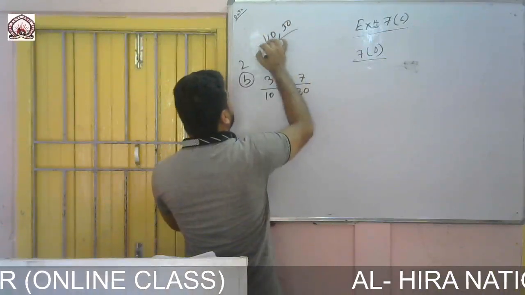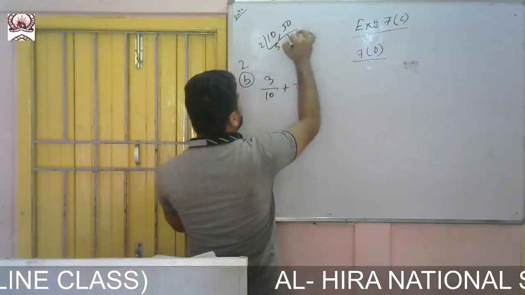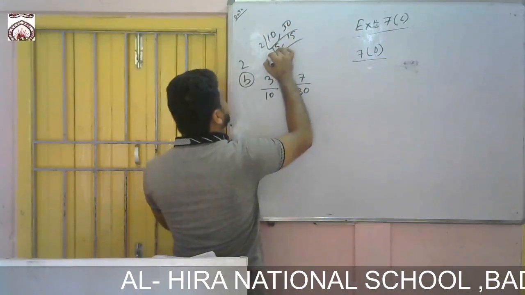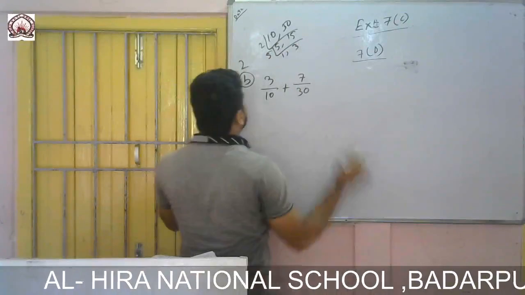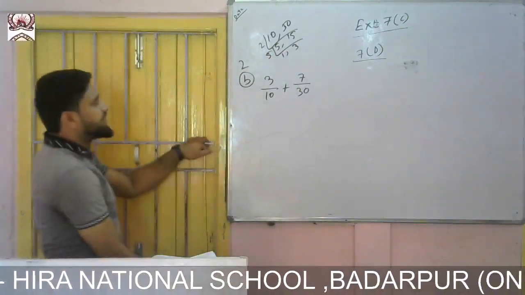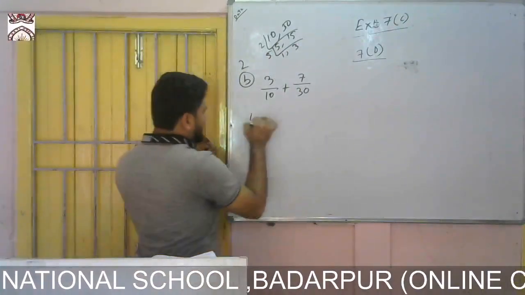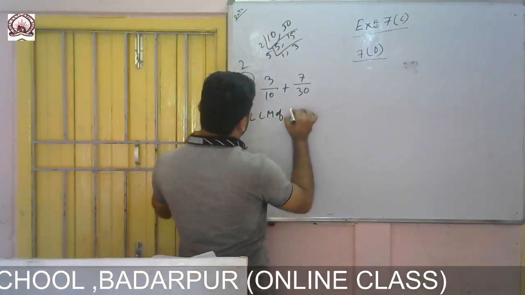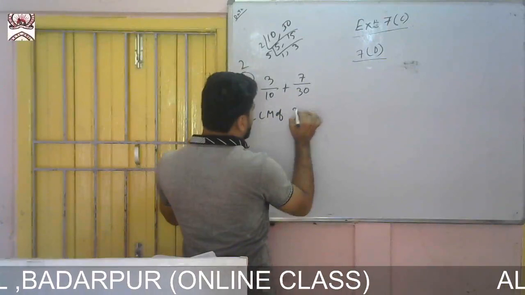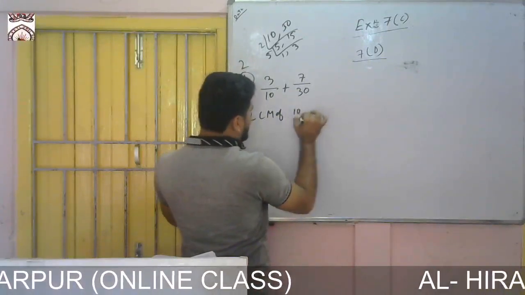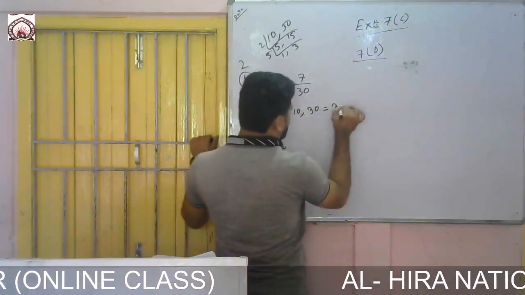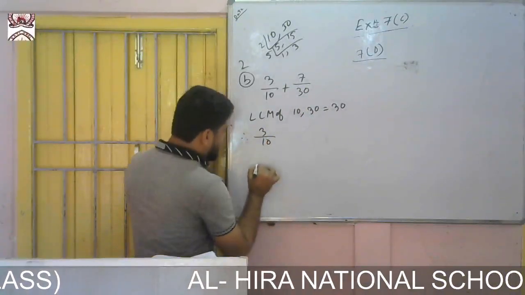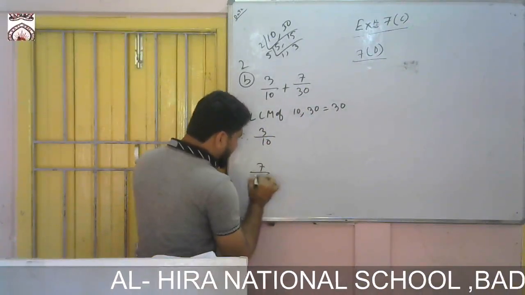With 2, if I do then 2 5s are 10, 2 15s are 30. Okay. With 5, 5 1s are 5, 5 3s are 15, 15 2s are 30. LCM of 10, 30 equals 30. Therefore 3 by 10 and 7 by 30.